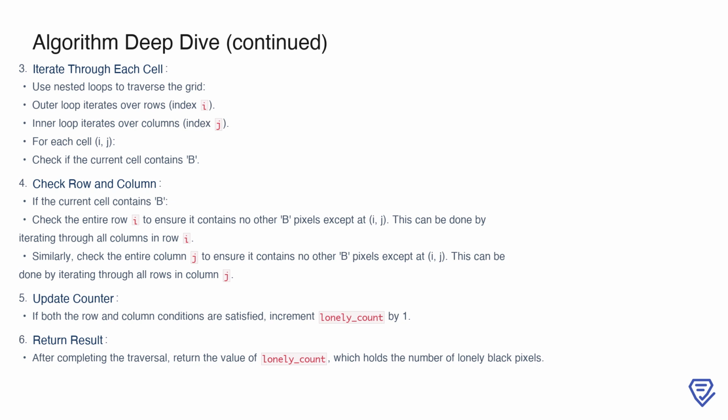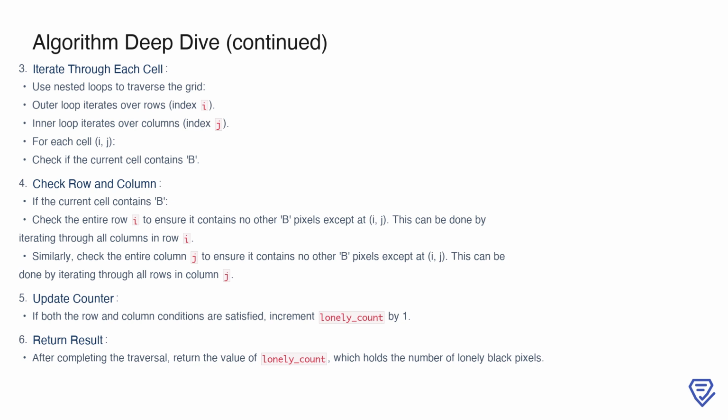Now, we move on to the core of the brute force algorithm. We iterate through every cell in the grid using nested loops. The outer loop goes through each row, while the inner loop goes through each column. For every cell at position i, j, we check if it contains a black pixel, represented by B. If it does, we then verify two critical conditions for it to be considered lonely.